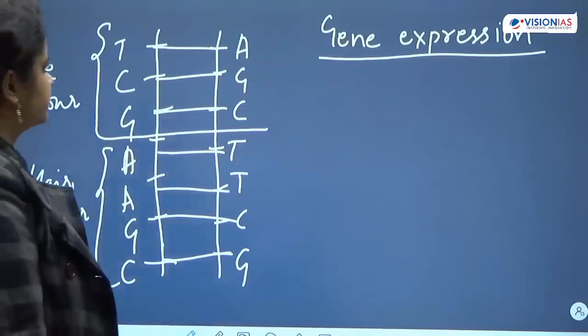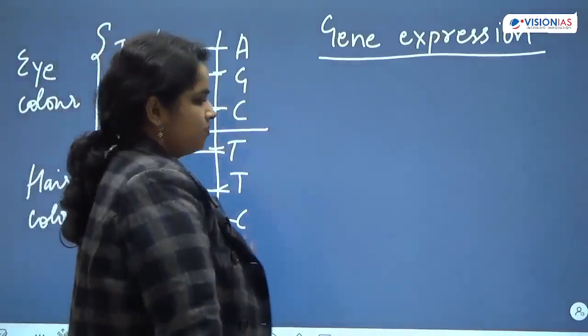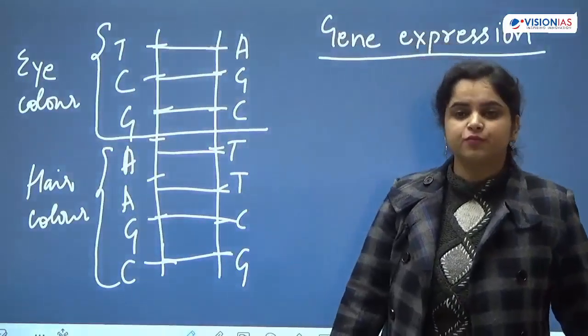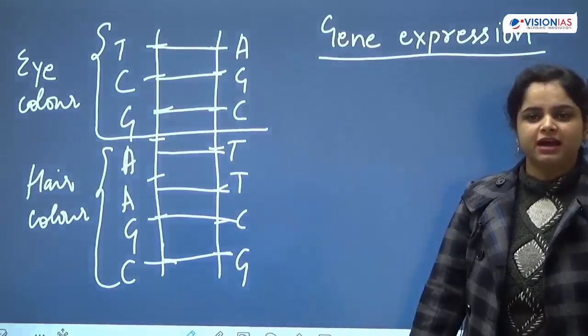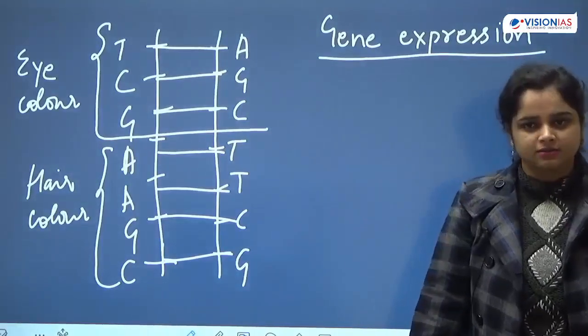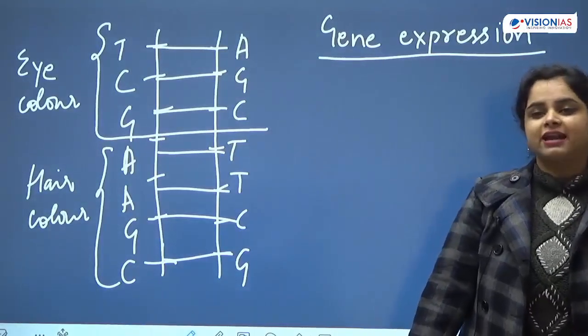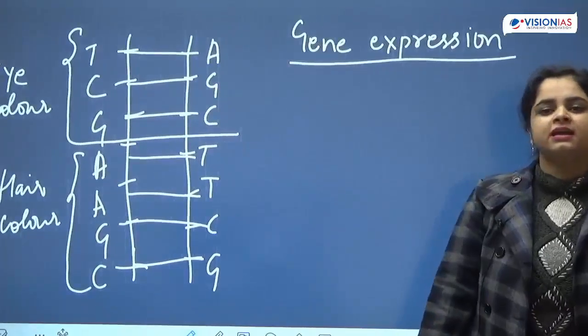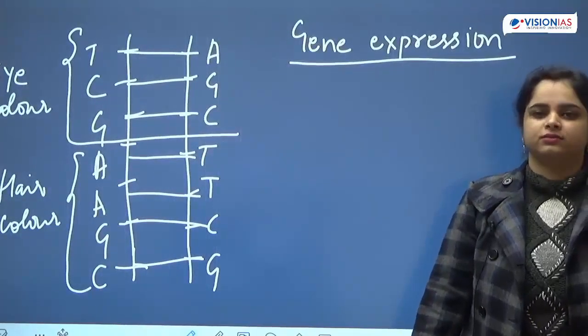Expression of genes. Now, these genes or these parts of DNA, we are saying that they are holding the information for determining different characteristics in an organism. How this characteristic will finally be expressed would be in the form of proteins.